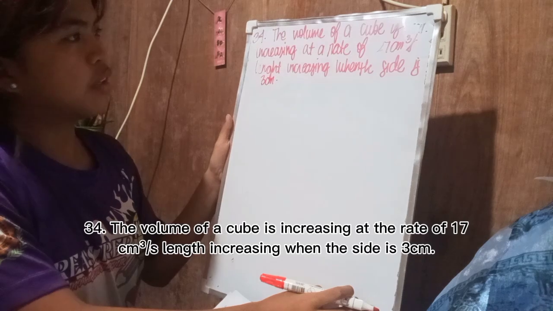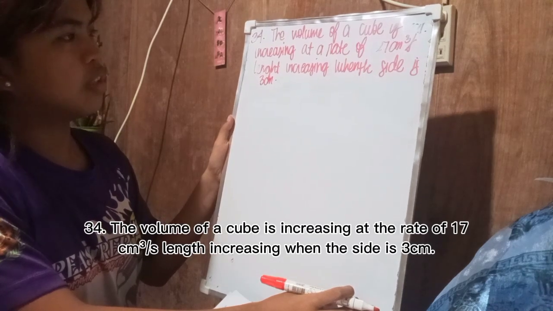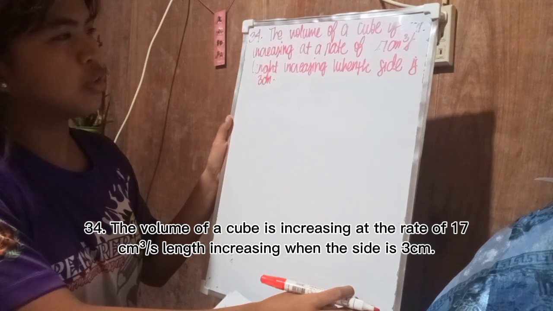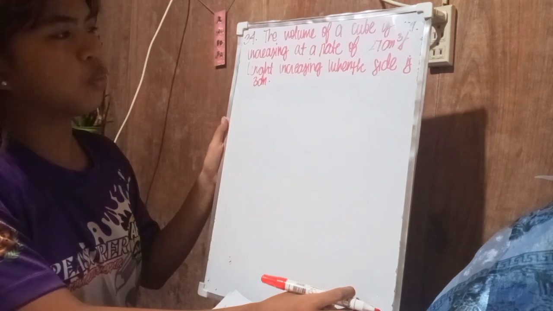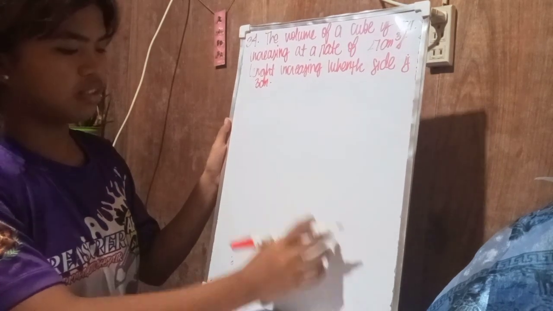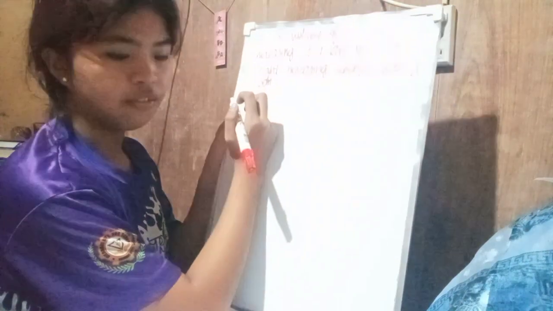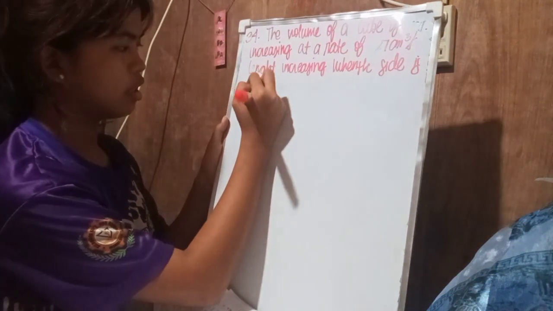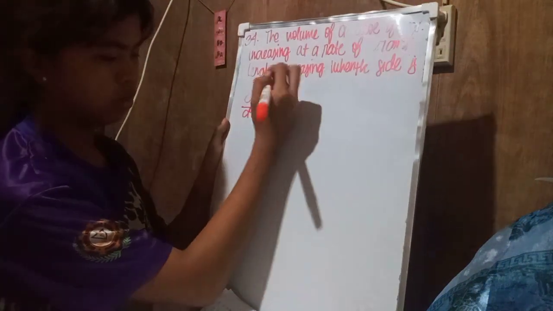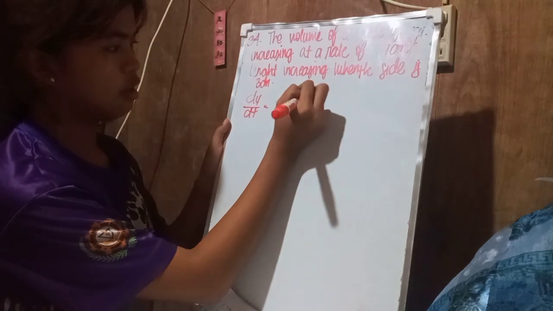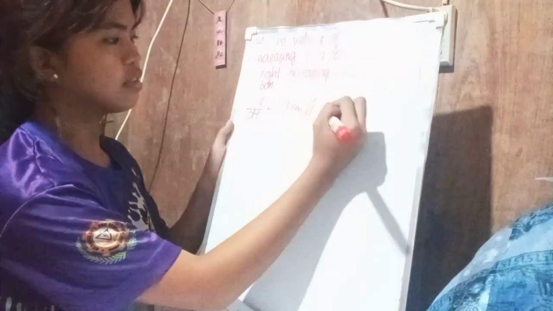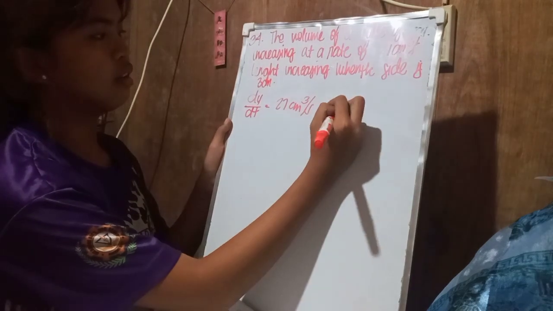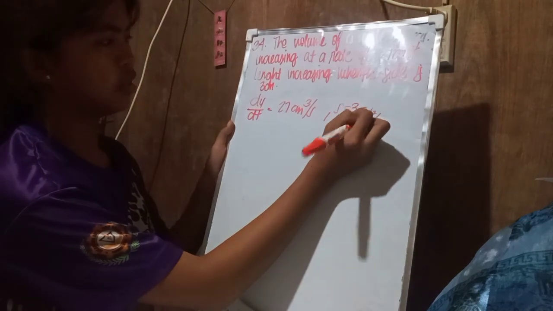The volume of a cube is increasing at a rate of 27 centimeter cubed per second. How fast does the side length increase when the side is 3 centimeters? So we put the given dV over dt equal to 27 cm cubed per second, and its side 3 centimeters.